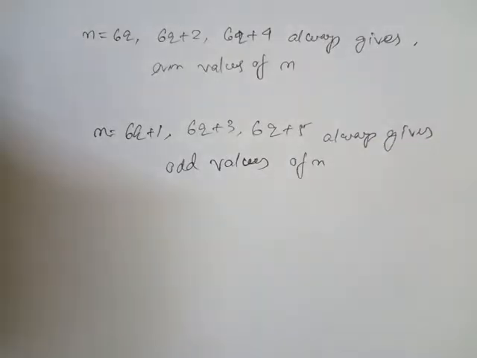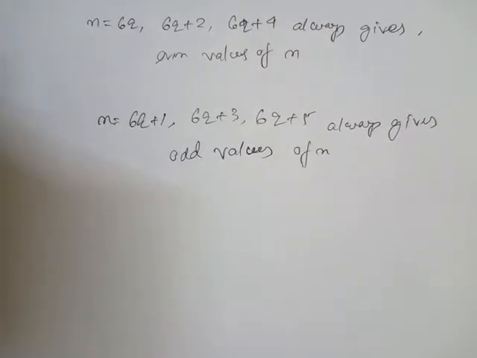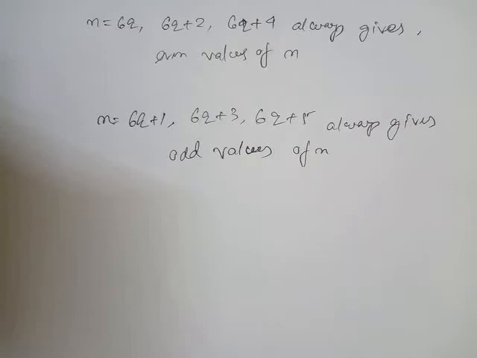of n. Now here we need to prove that any positive odd integer is of the form 6q plus 1 or 6q plus 3 or 6q plus 5, where q is some integer. Now look here, so we'll write that in the last line.